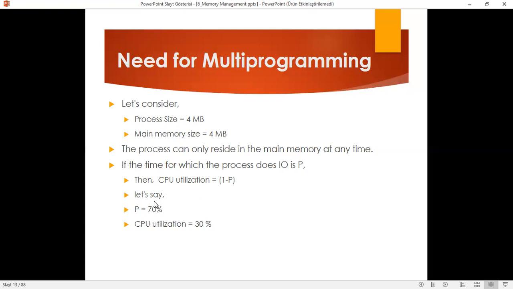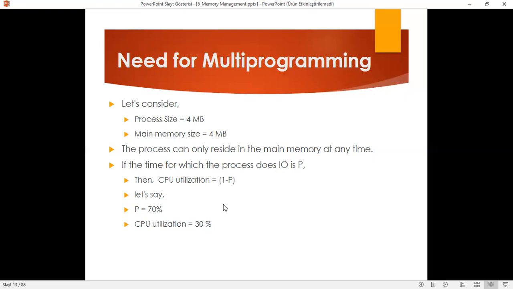In this case, CPU utilization will be 1 minus p, to the power of how many processes we have. So if the percentage is 70%, we take this as 0.70. So p explains the time that a process spends doing input output. If a process is wasting 70% of its time, CPU utilization is 30%.